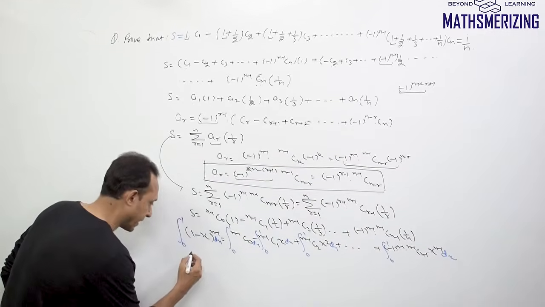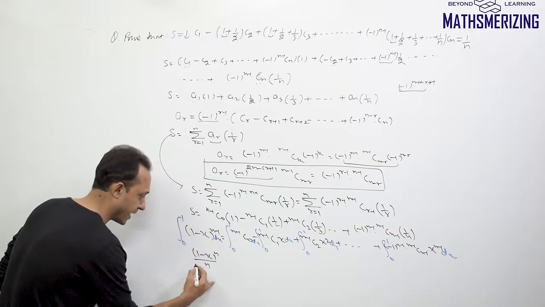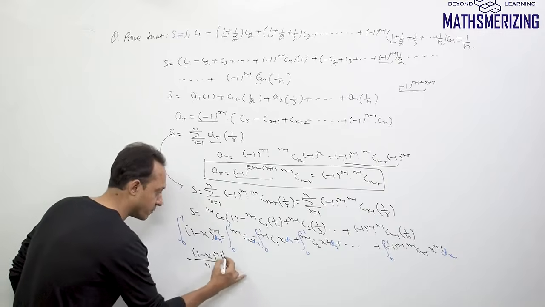So if I integrate this series, I'll get 1 minus x to the power n upon n, and coefficient of x is minus 1, so I'll get this minus sign, and it will be from 0 to 1.